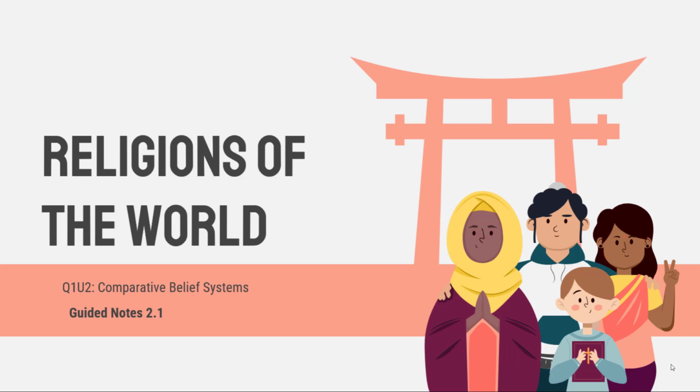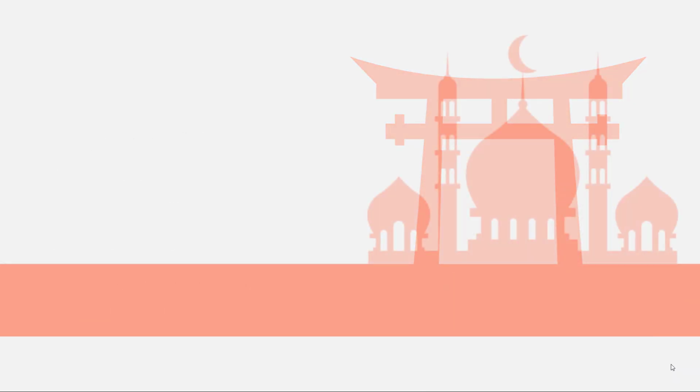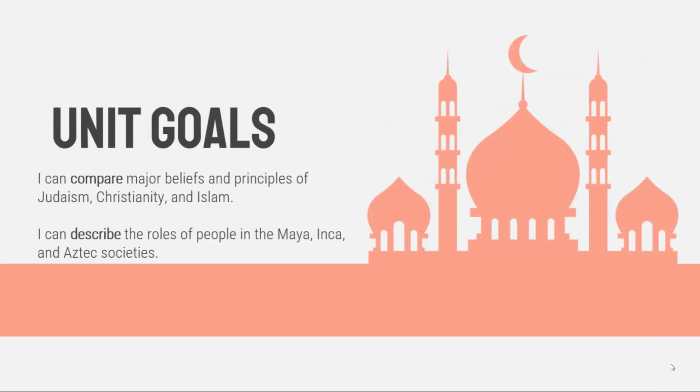This is Q1 Unit 2 guided notes 2.1, and here we're going to talk about the religions of the world. This is the unit called Comparative Belief System, so let's go. Okay, so these are your unit goals as you see here.